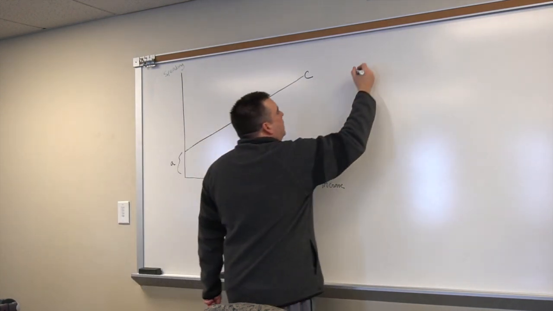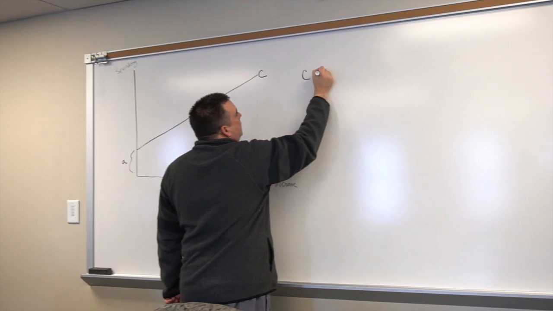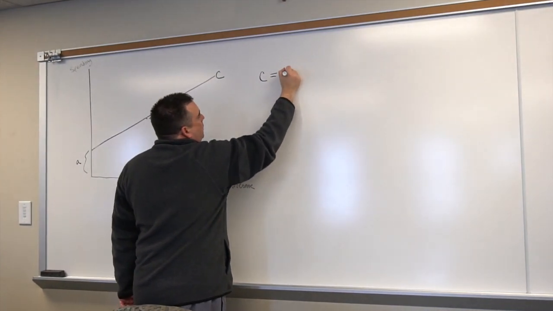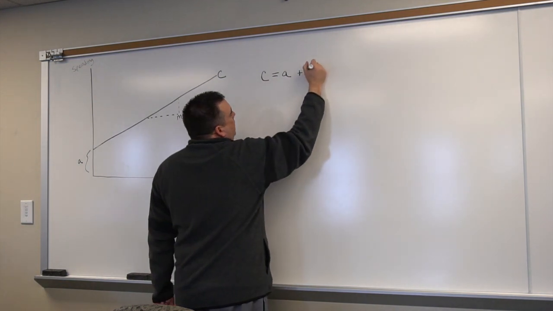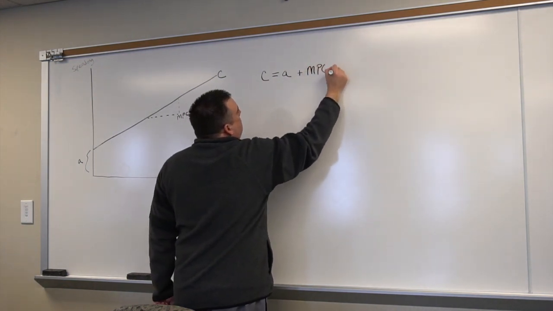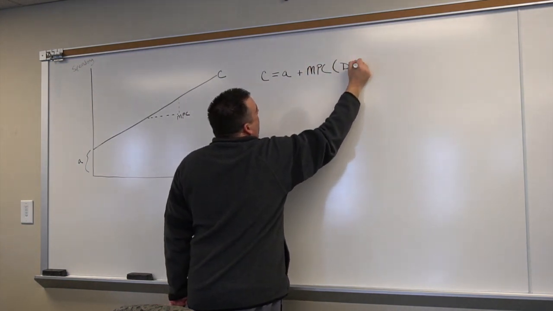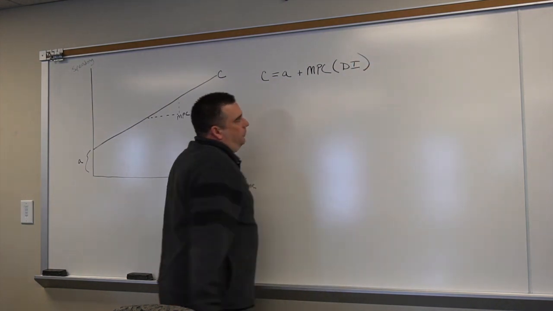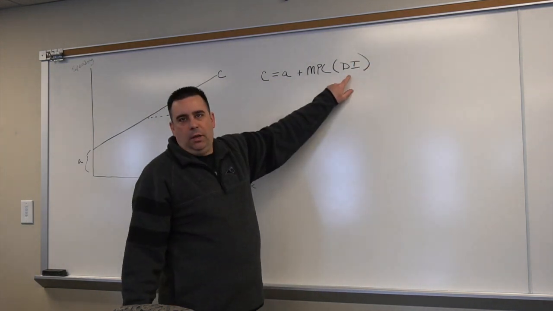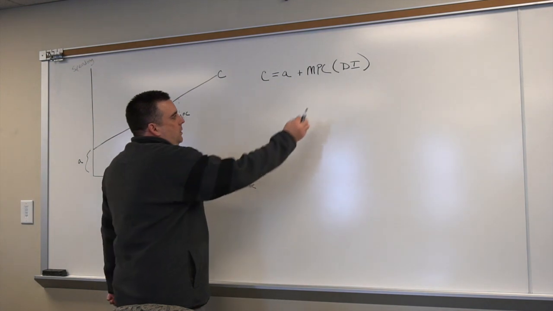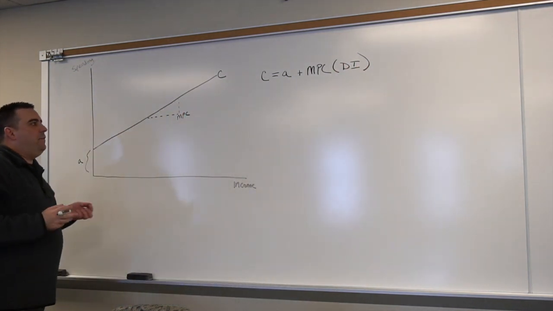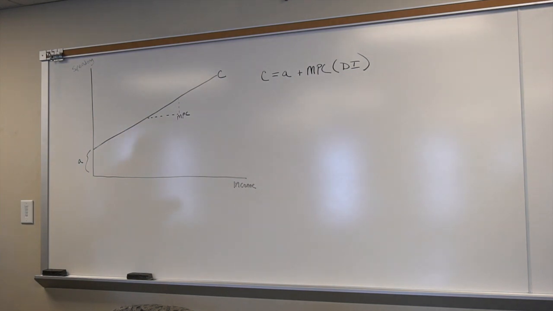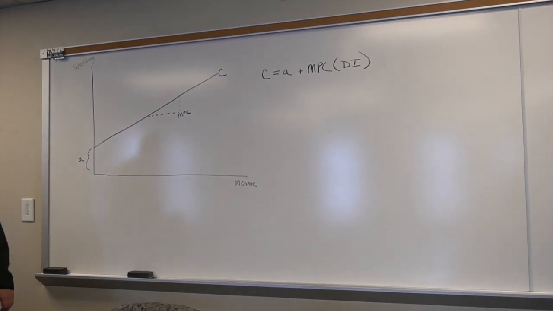If I do that, I would show that consumption is equal to A plus, so my intercept, plus MPC times DI. And don't forget that DI has its own formula, so that could be rewritten out as a formula in itself. But I now have an equation for the slope of my function.